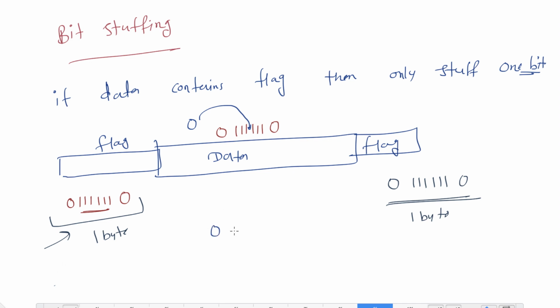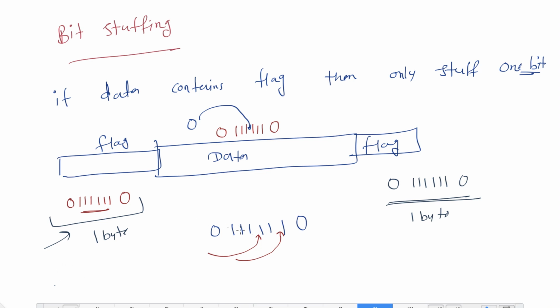The reason is that the probability of occurring these 3 ones is quite common compared to the probability of occurring these 5 ones. You will get to know it in just a few minutes, but be here currently. So that's why we add 0 after 5 ones only.